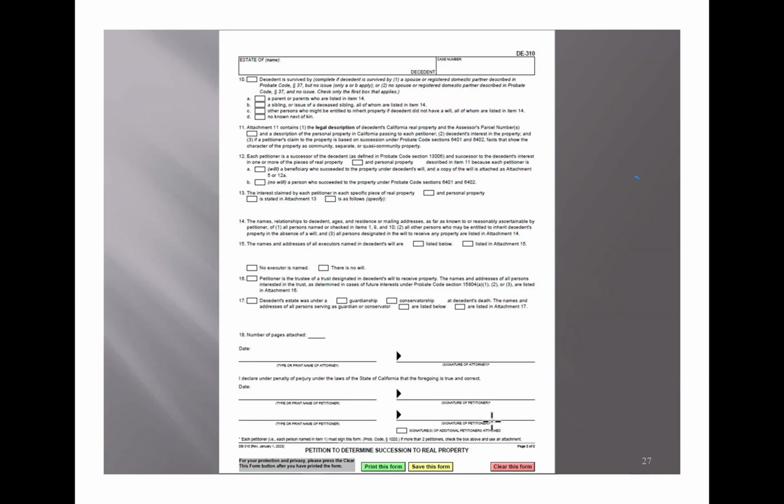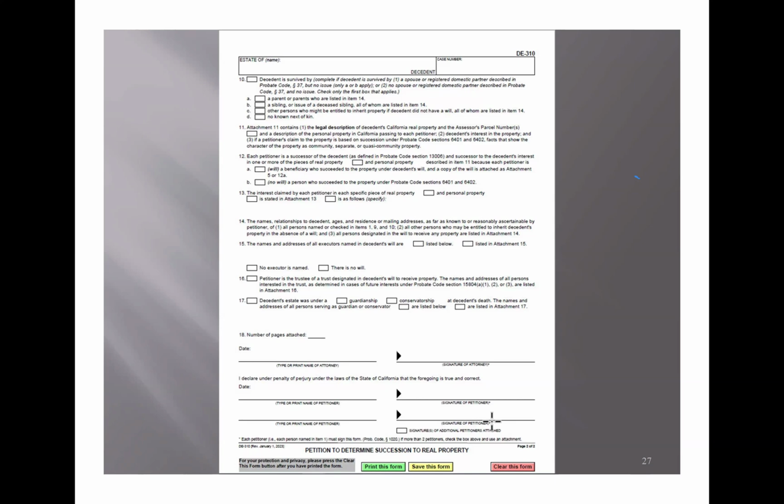Then 12, you're telling the court each petitioner is a successor of the decedent, which would mean how? Either A, under a will, and if there's a will, then you have to include a copy, or B, if there's no will, then that the statute of intestate succession applies.